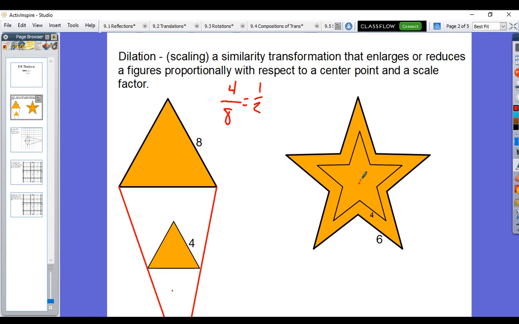So the center is right here and we enlarge within itself. We take our new one over our old one, comparing sides, and that reduces to 3 over 2. That means the new one is 3 halves times bigger, or 1.5 times bigger than the original one. So that's the scale factor, 3 over 2 or 1 half.